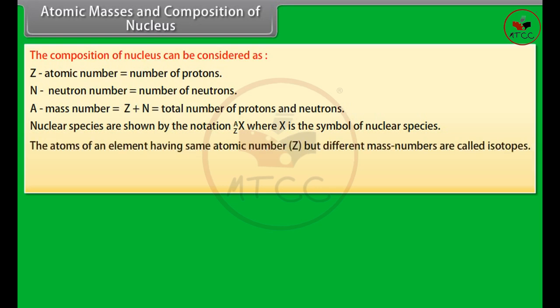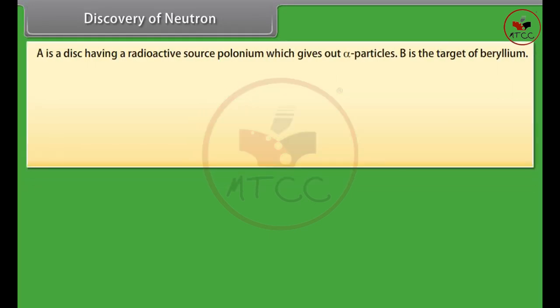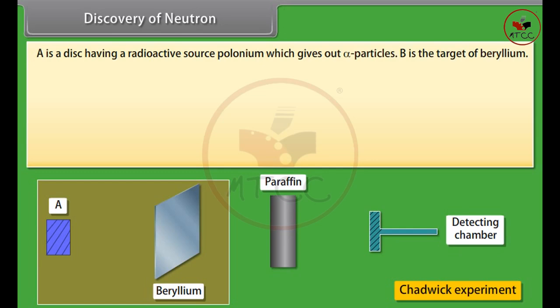The atoms of an element having same atomic number, that is Z, but different mass numbers are called isotopes. For example, isotopes of hydrogen are: Discovery of neutron. A is a disk having a radioactive source, polonium, which gives out alpha particles.